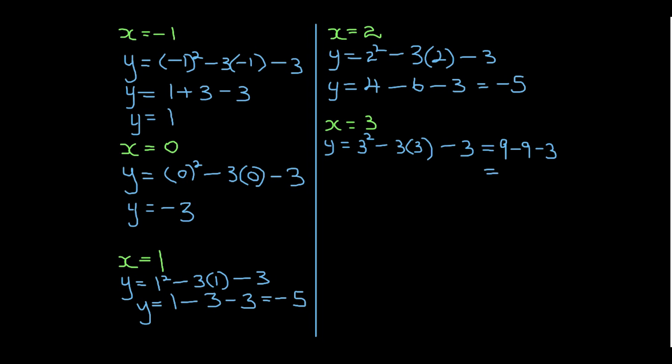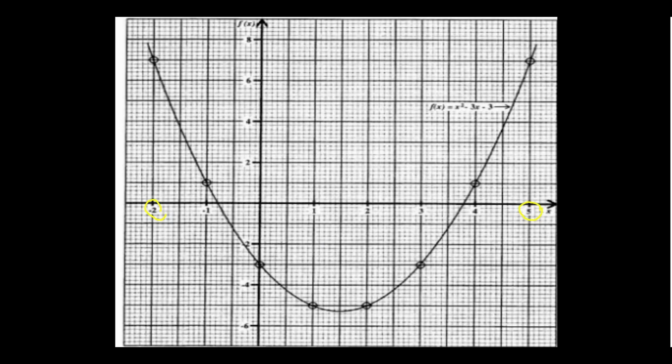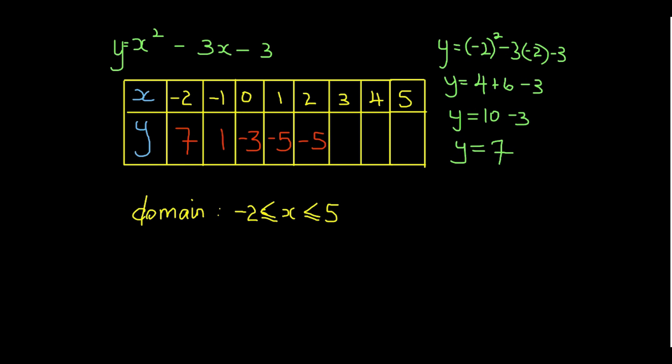Minus another 3. So yes, that's correct. You'll get y to be minus 3. And we can see that again on the graph, right here. When x is 3, y is minus 3 as well. And notice, like I said, that mirroring effect that is happening with the quadratic curve right now. So we have 2 more values to go.